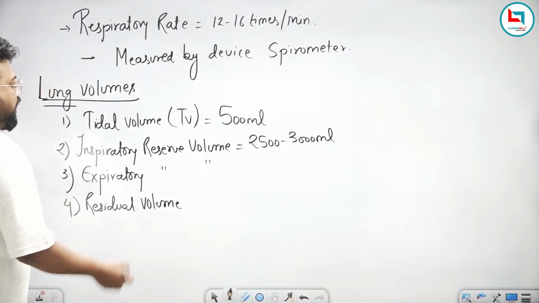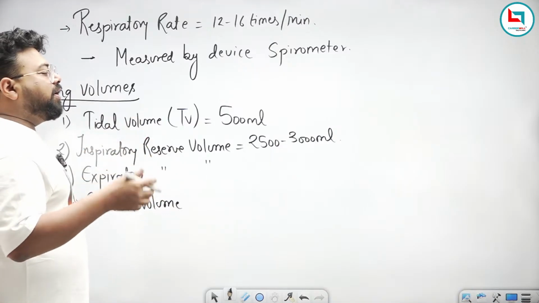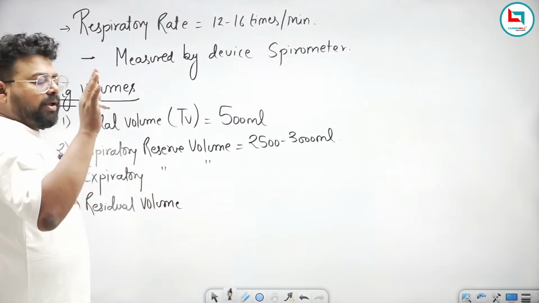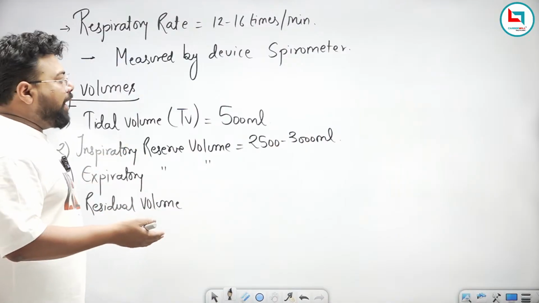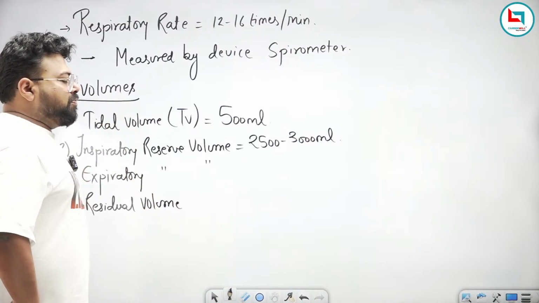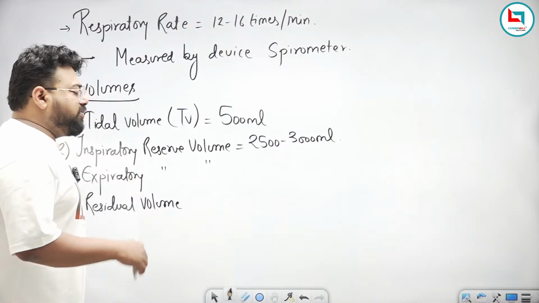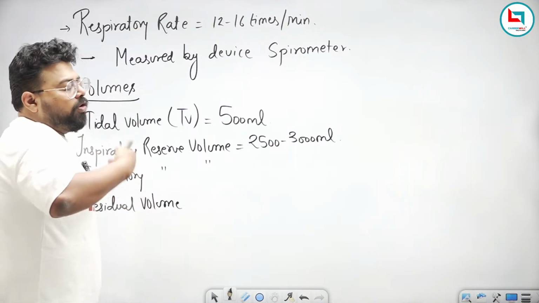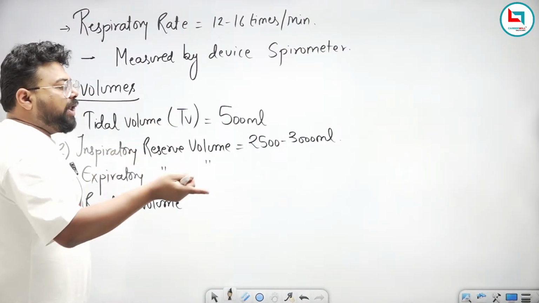ml. Expiratory reserve volume. Let's see. So I am doing a normal inhalation and exhalation. This is normal inhalation. Now this is normal exhalation. Now I can also remove some amount of air through forceful exhalation.